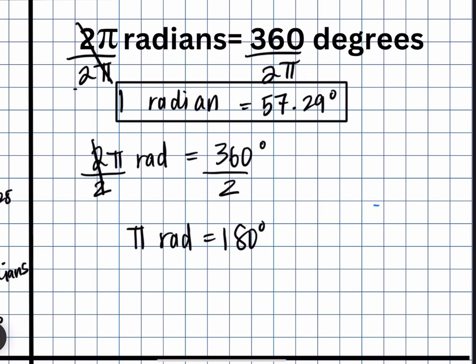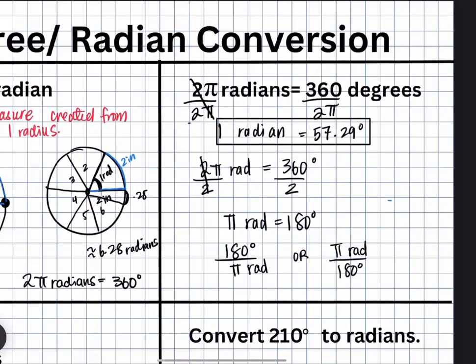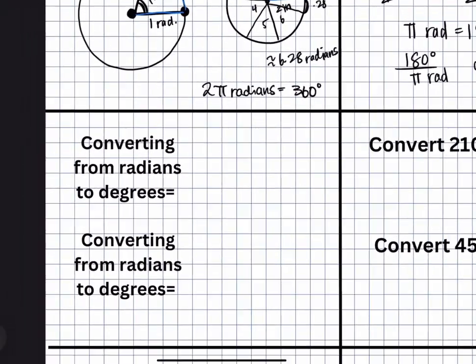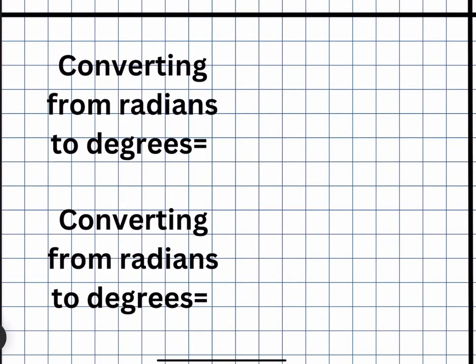So these two are equal to each other, meaning that I can use a fraction of 180 degrees over pi radians, or pi radians over 180 degrees to convert between degrees and radians. So when converting from radians to degrees, if I have radians on the top and degrees on the bottom, and I want to convert to degrees, I would need to multiply by 180 degrees over pi.